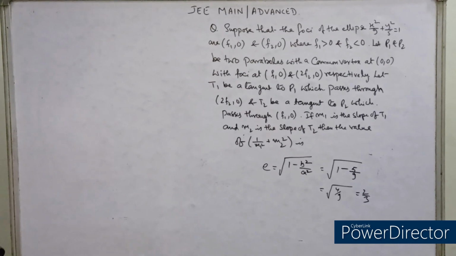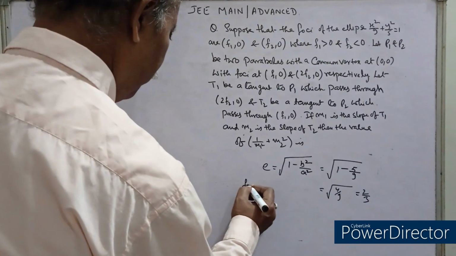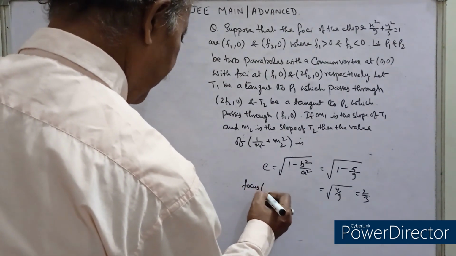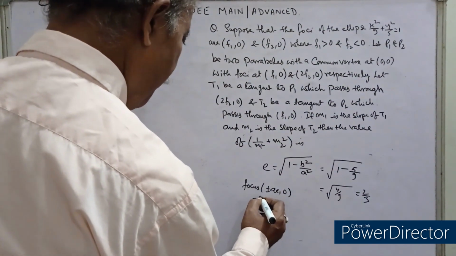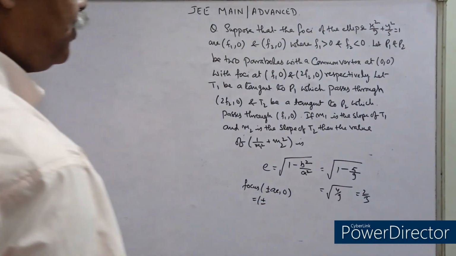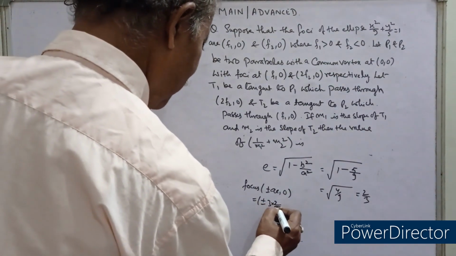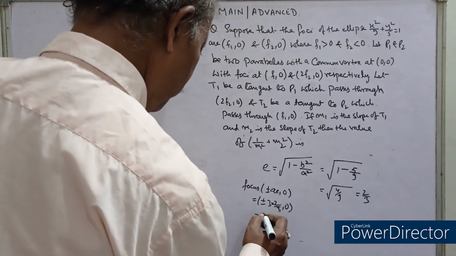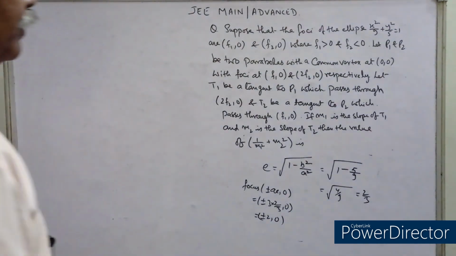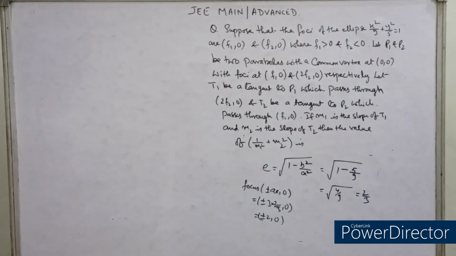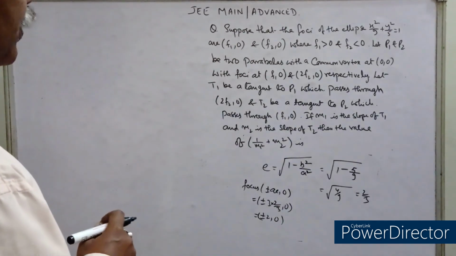Now your focus, that is plus minus AE comma 0, so this will be plus minus, A is your 3, into 2 by 3 comma 0, so this will be plus minus 2 comma 0. This is your focus.